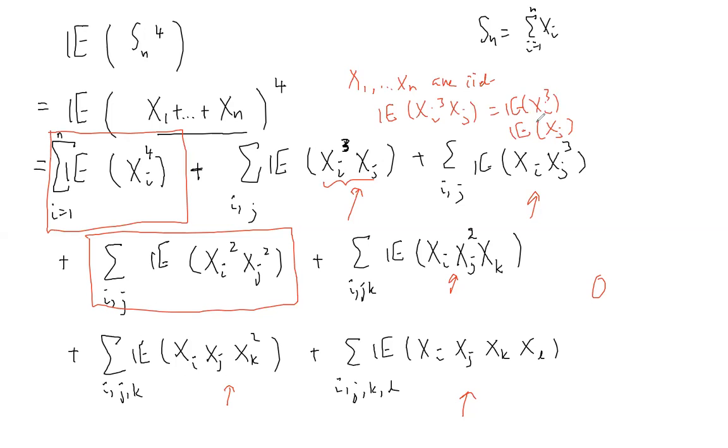Because they are independent. Your xi and xj can be written like this, and since your mu is 0, the expectation of xi is equal to 0. So basically this will become 0. You can see very clearly that as long as your xi's exist by themselves, the expectation of this term, no matter how complicated, will always be 0, because you can write it as a product, and the expectation of the single variable here is equal to 0. So it will disappear.